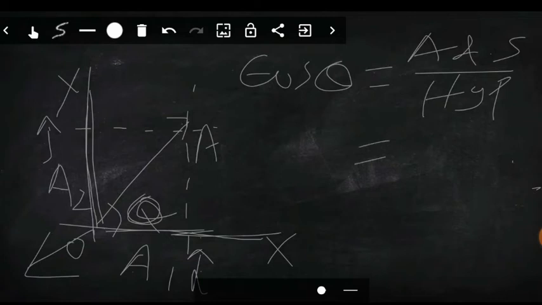The adjacent side is the vector a1, or ax. Ax divided by the hypotenuse, that is the resultant vector a, is cos theta.